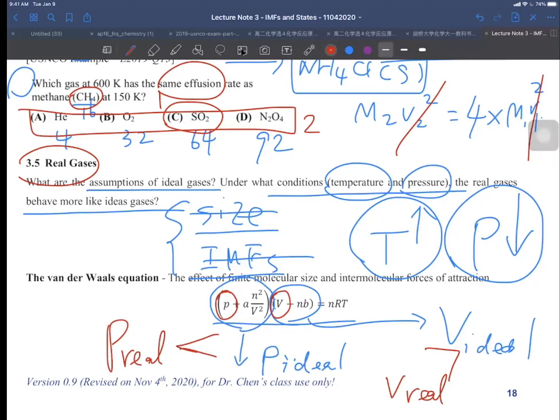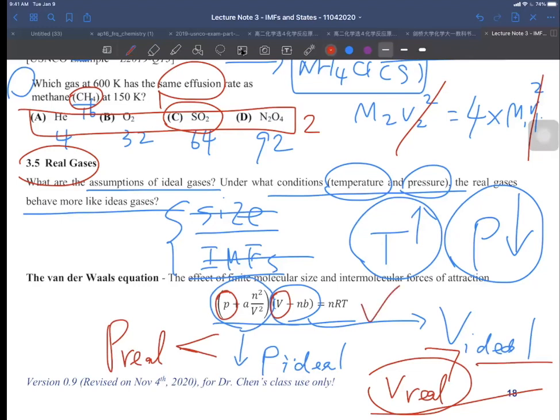Does this make sense to you? And then for the right part, that is the contribution of the size of the molecules itself, right? Because if you cannot ignore the molecule itself, the real volume will be greater than the ideal volume, right? So you got an equation like this.